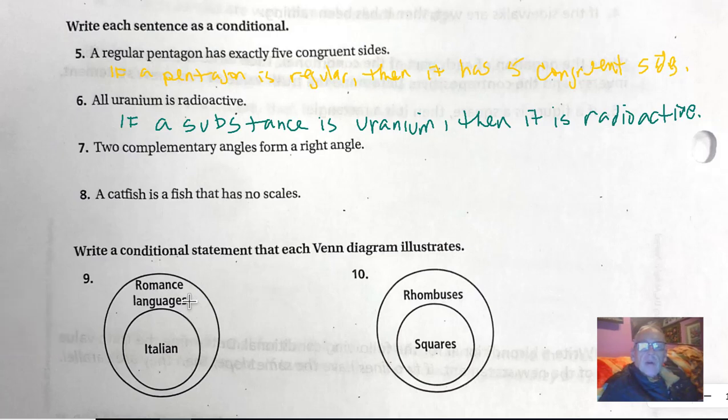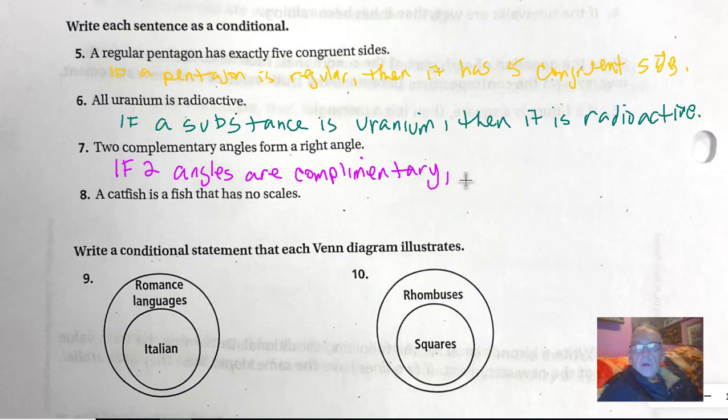Two complementary angles form a right angle. So if 2 angles are complementary, then they form a right angle.